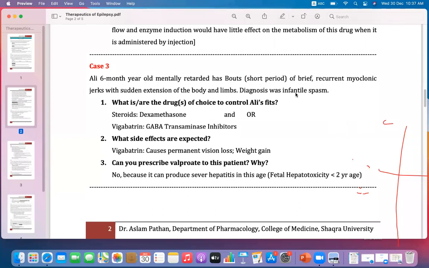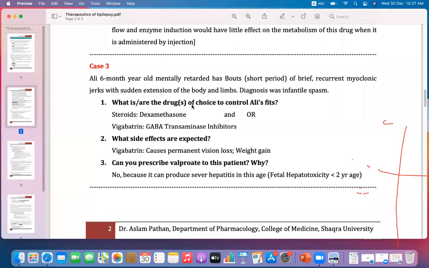The infantile spasm is characterized by brief, recurrent myoclonic jerks with sudden extension of the body and limbs. What is the drug of choice to control Ali's fits?